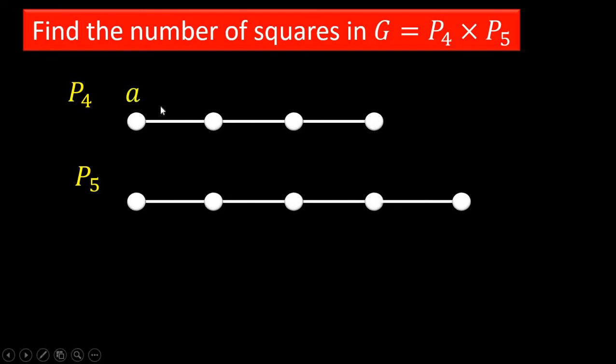To find the Cartesian product, we first have to name the vertices. I say these are A, B, C and D, and the vertices of the second graph are 1, 2, 3, 4 and 5.